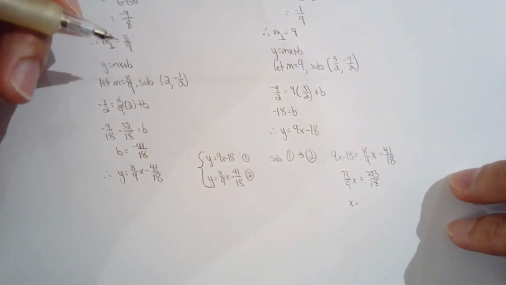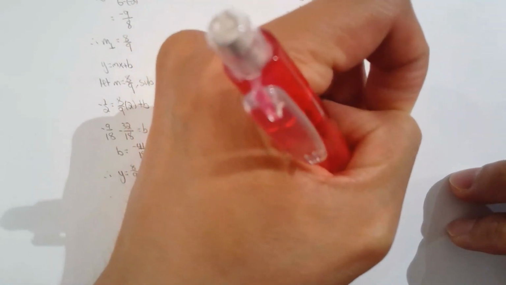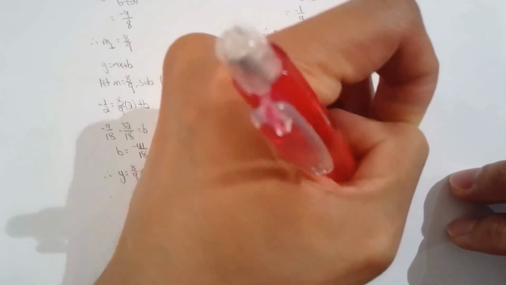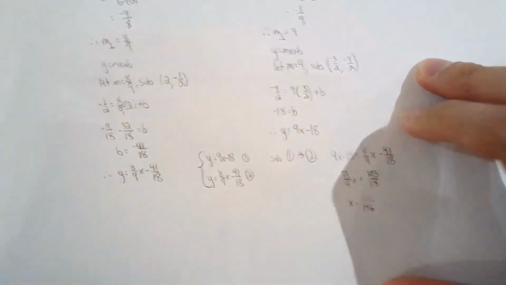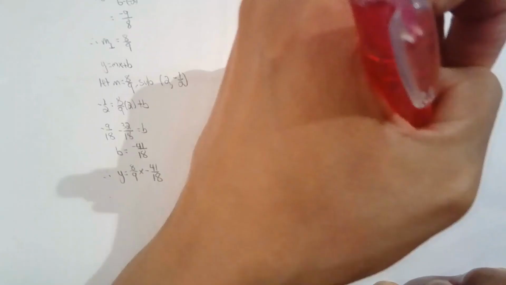So if you do the math, x is 283/146. Okay, let x equal 283/146 for equation 1. That's way cleaner. So y equals 9 times 283/146 minus 18.